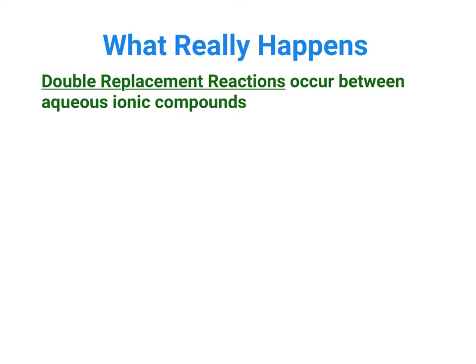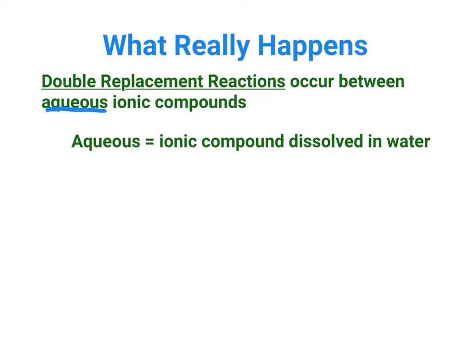So here's what's really going on. Double replacement reactions occur between aqueous ionic compounds. If you remember from that little tiny bit I said to know about state symbols, this word aqueous is actually extremely important right here, because what aqueous means is the ionic compound is actually dissolved in water.